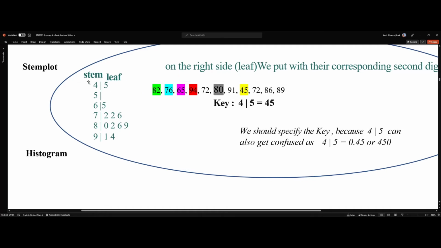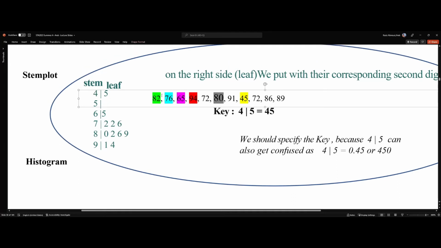So the leaf completes a number. We are looking for which numbers start with first digit 4. It's just one number and its leaf, the final digit, is 5. Then we do the same for all the numbers, and we put the smallest second digits first. So it's 80, 82, 86, 89. It goes from the smallest over here through the highest.